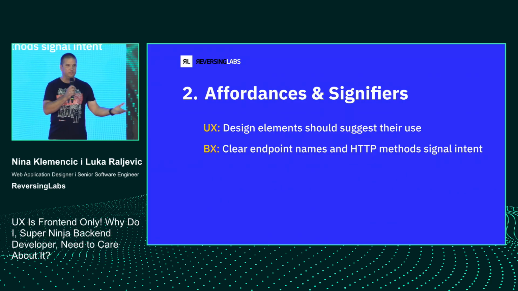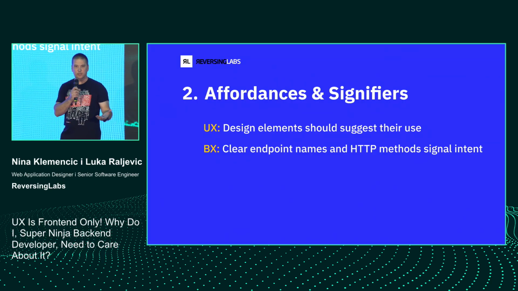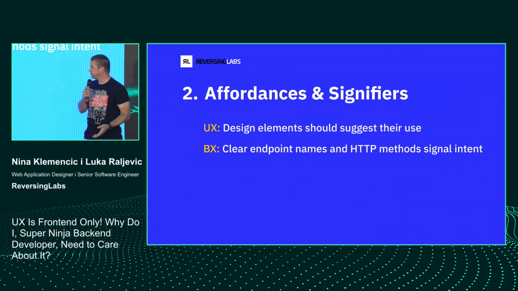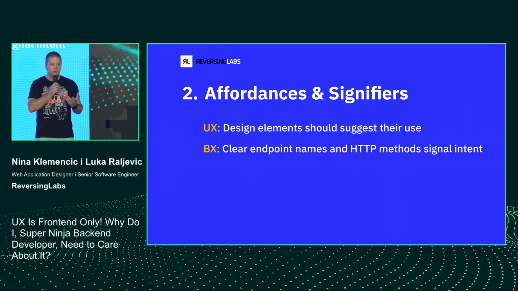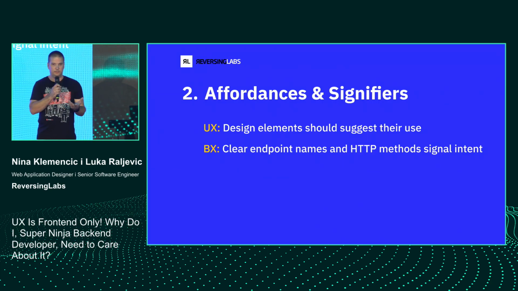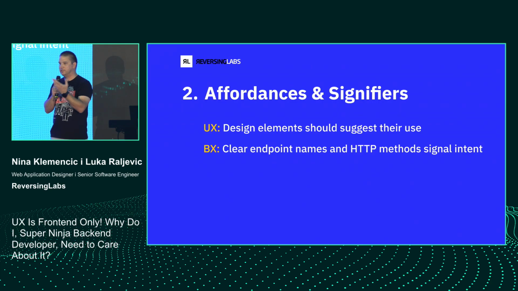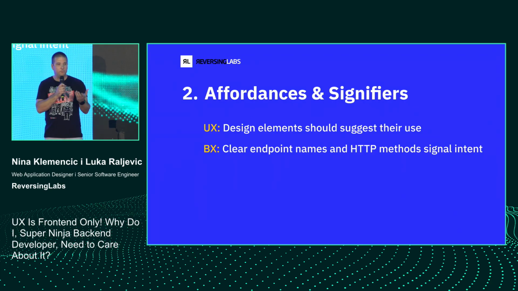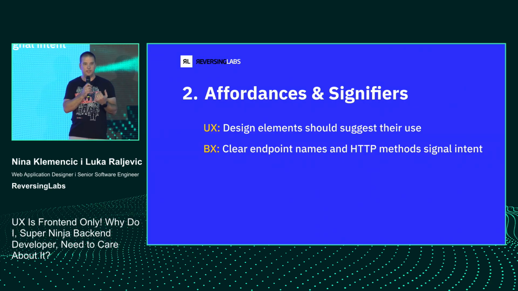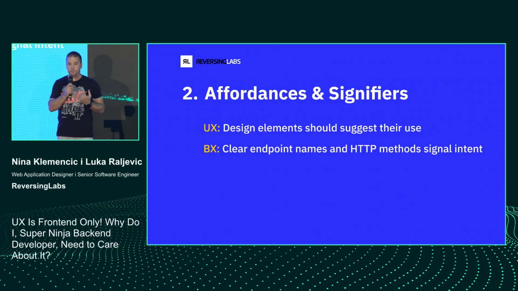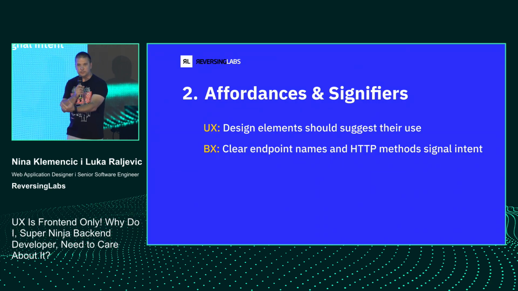Don't mix verbs and nouns, please. And also, use documentation, please. If you are developing something, document it properly and maintain that documentation. That is part of the user experience. Again, developers are users.